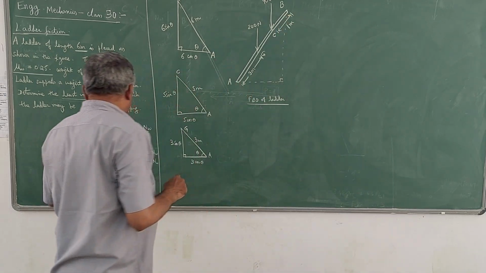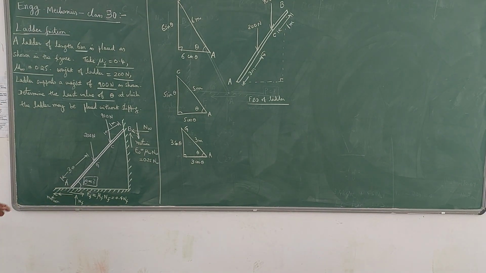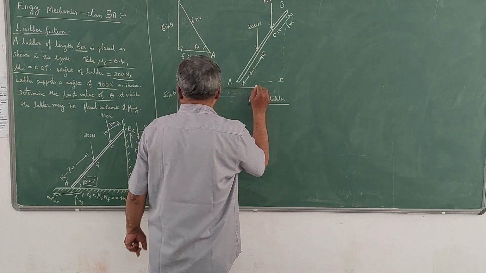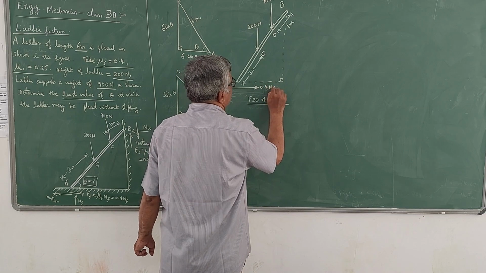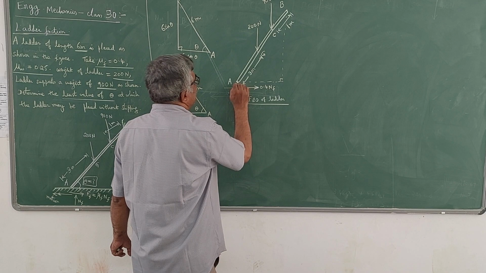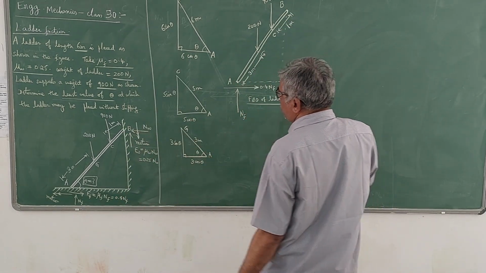Now I will replace these contact points A and B by the respective reactions. So FF is acting towards right like this, so that FF can be written as 0.4 times NF, and NF is like this. Both are acting at the point A. And at the point B you have FW and NW.